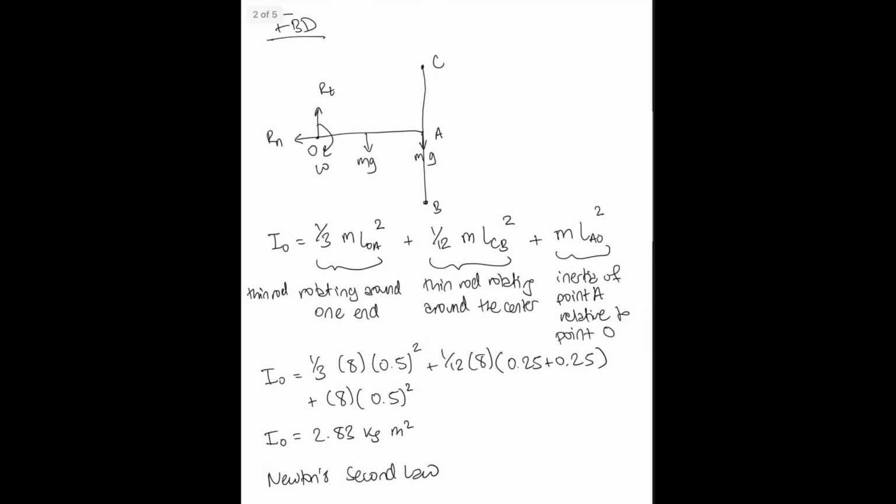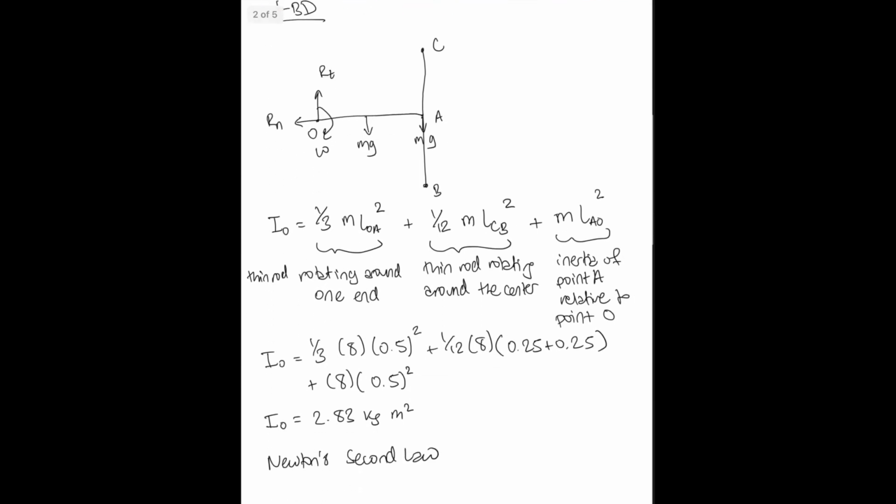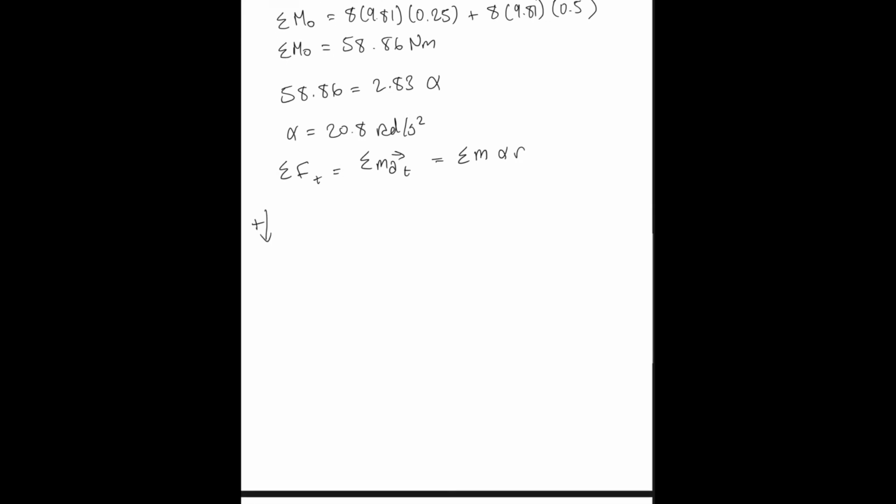So sum of forces in the t, we just have to look back at our free body diagram. So assuming that the positive direction is going down, we're going to get 2 masses minus RT, because RT is pointing upwards.